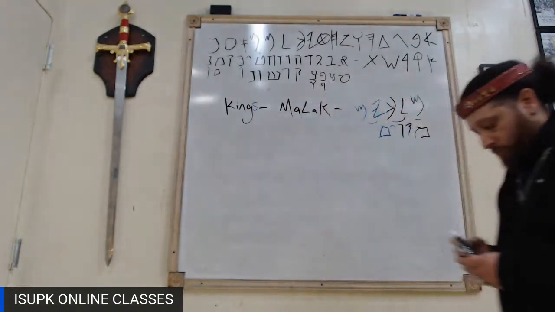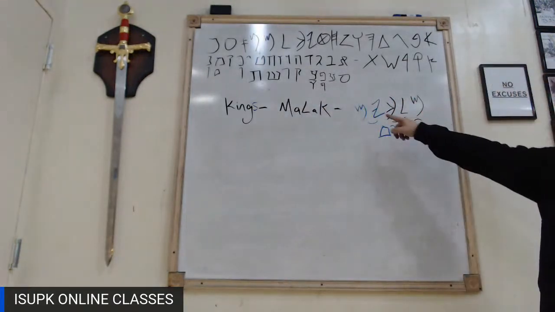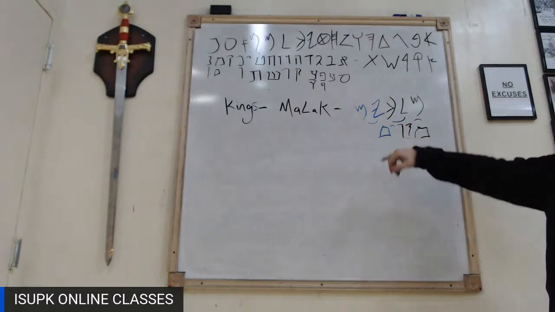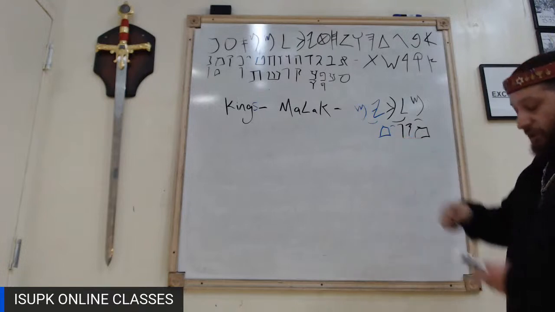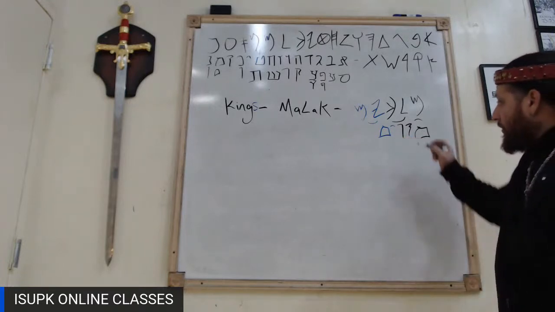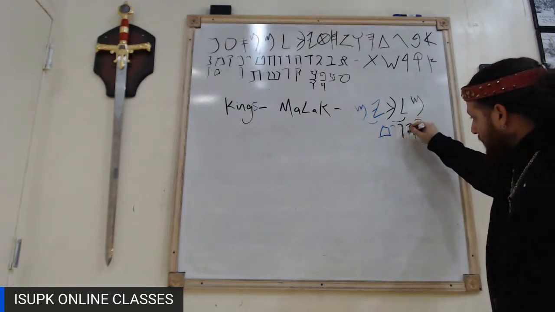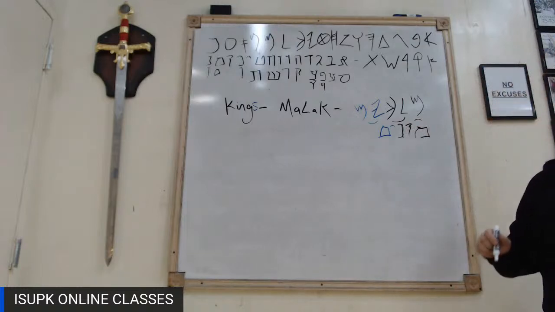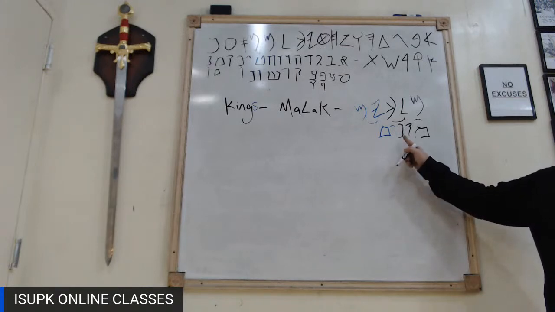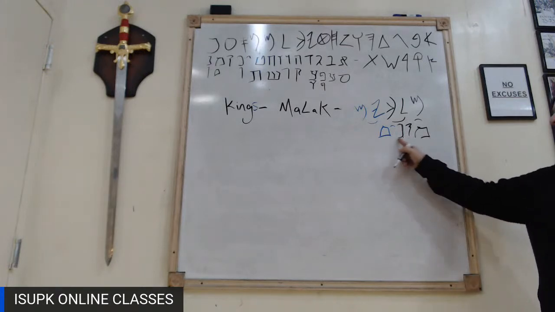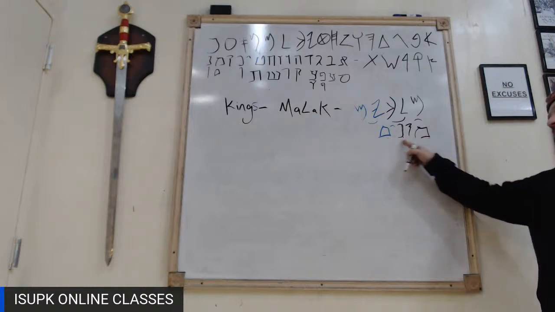All right. Malak yum. This would change when it's plural to the regular ka, because now it's not at the end of the word, it's in the middle. So you would use the regular ka for kings in the Assyrian because it's malak yum.